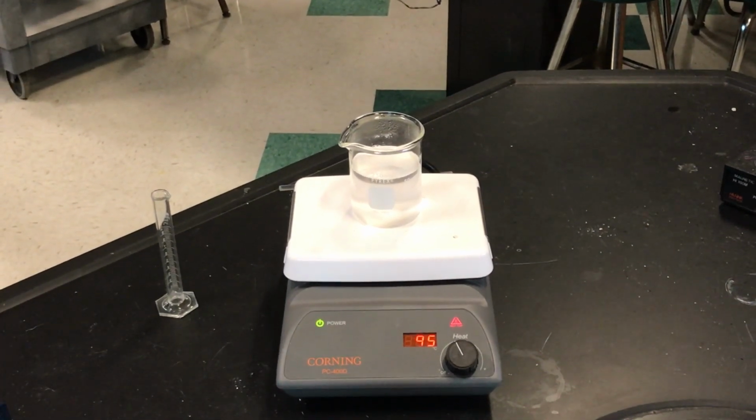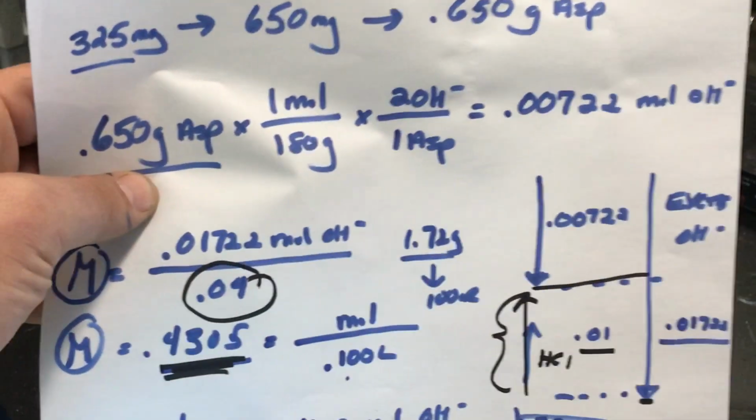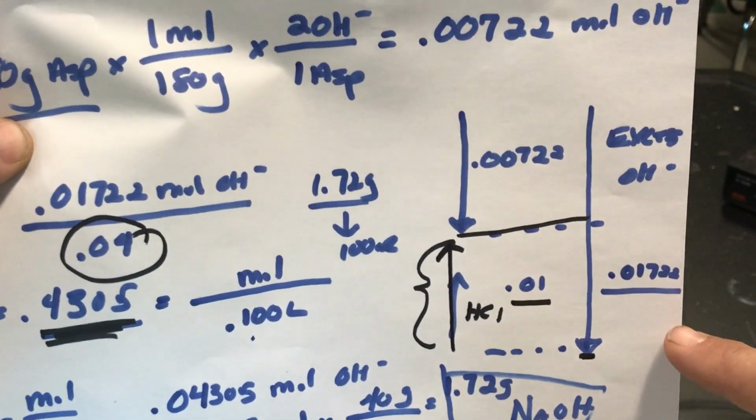All right, so student M, okay? We need to measure out, because right now, where are we in this lab? All we have is the crushed tablet sitting in water. So what we're going to do now is add the excess. We're going to add an excess of 0.01722 moles of hydroxide.